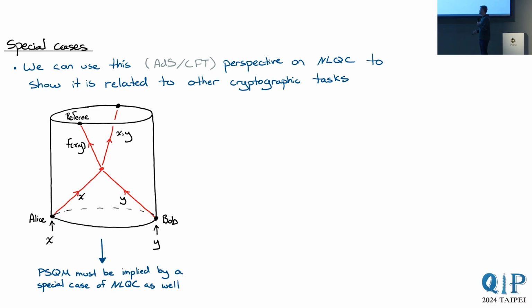And then if we look at this in the boundary perspective, we know that this local interaction, because of what I was saying on the last slide, is happening as one of these non-local quantum computations. What that means is that there's some special case or class of NLQCs that implements PSM for you. So this PSQM, because there are quantum resources involved here, must be some special case of NLQC.